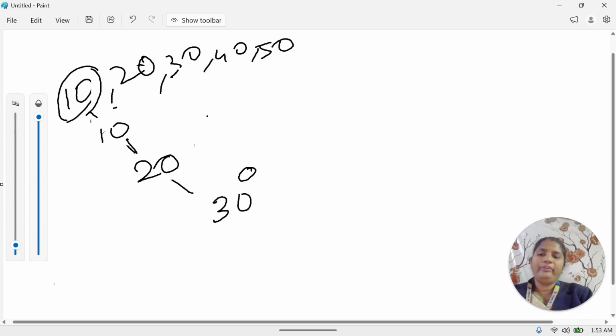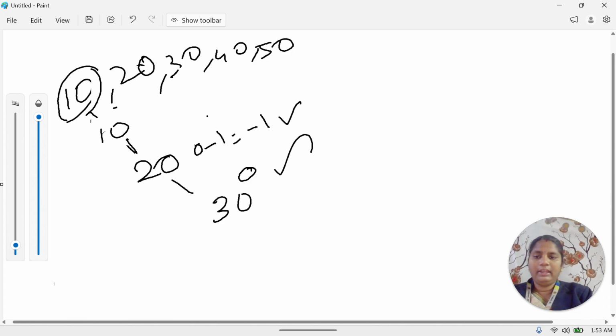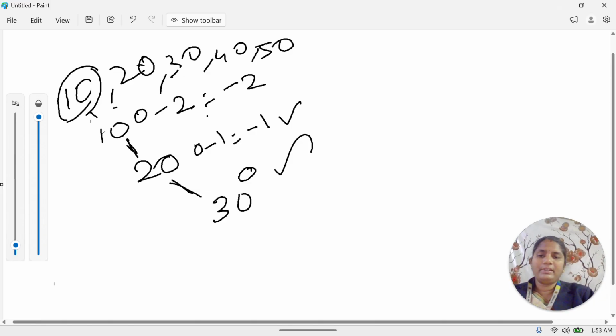The balancing factor of 20 is 0 minus 1, that is minus 1. The condition is satisfied in both cases. In 10, the height of the left subtree is 0 and the height of the right subtree is 2, so the answer is minus 2. The balancing factor doesn't satisfy the condition, so we need to perform a rotation.